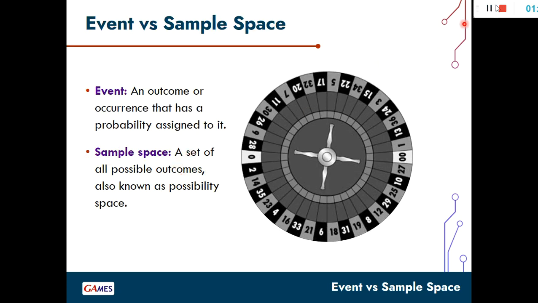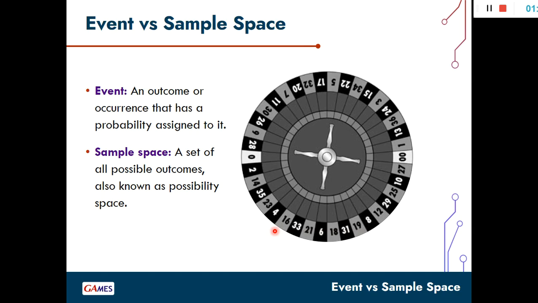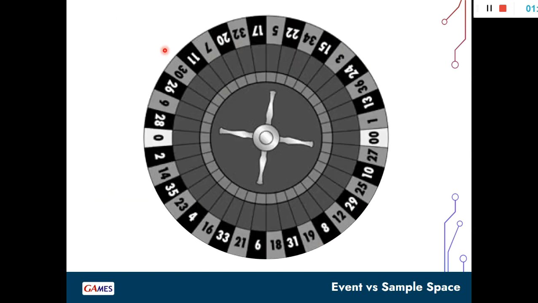This sample space has a set of all possible outcomes. So as I was saying, we have a sample space where the total number of outcomes is 38, right? So the sample space has 38 events. Now, we are talking about the probability that a ball will roll into pocket 8.